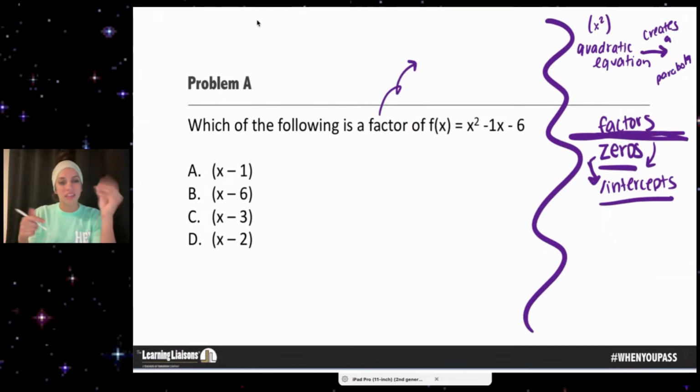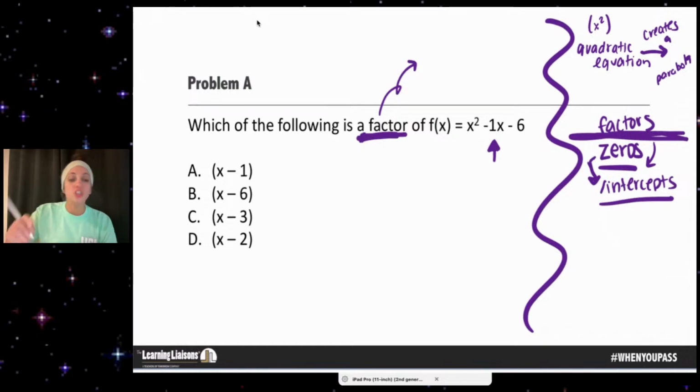You have two factors that multiply together to give a product. So a factor is a piece of a multiple. When I think of factor, I think of something multiplied by something else resulting in whatever I have. So which of the following is a factor? I need to know what multiplied by something else is going to give me x squared minus 1x minus 6.